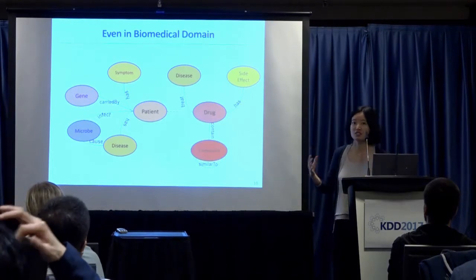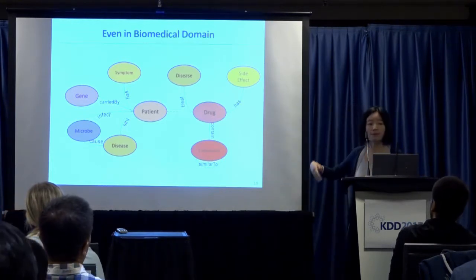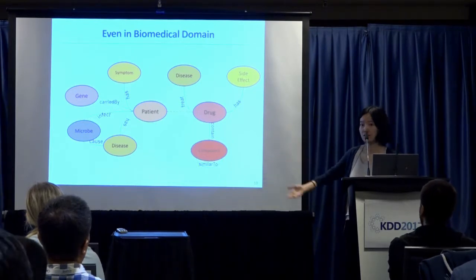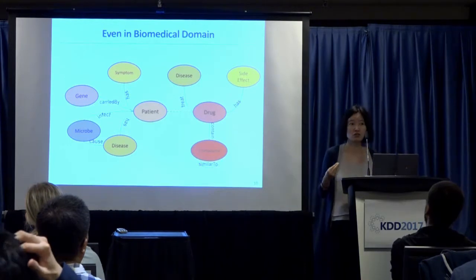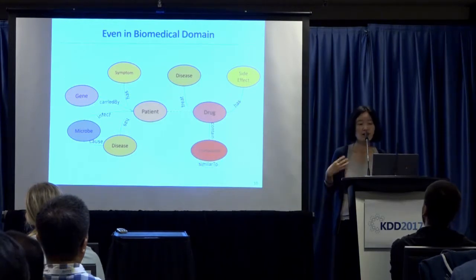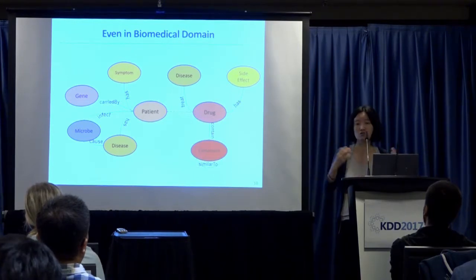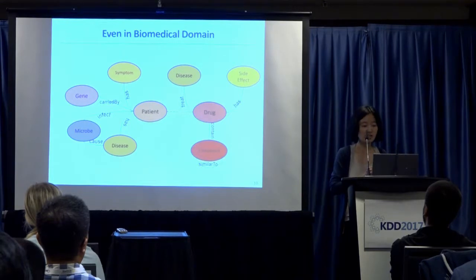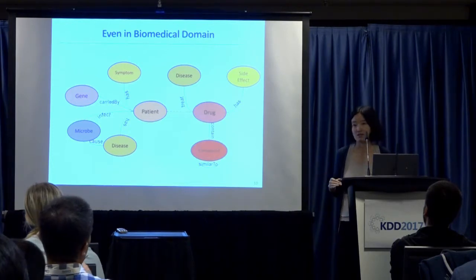This is not just for commercial systems. In the biomedical domain, for example, you can extract entities related to medical concepts like patients, diseases, and drugs. And between those concepts, you can have different interactions, like a patient has some disease and carries some gene, something like that.